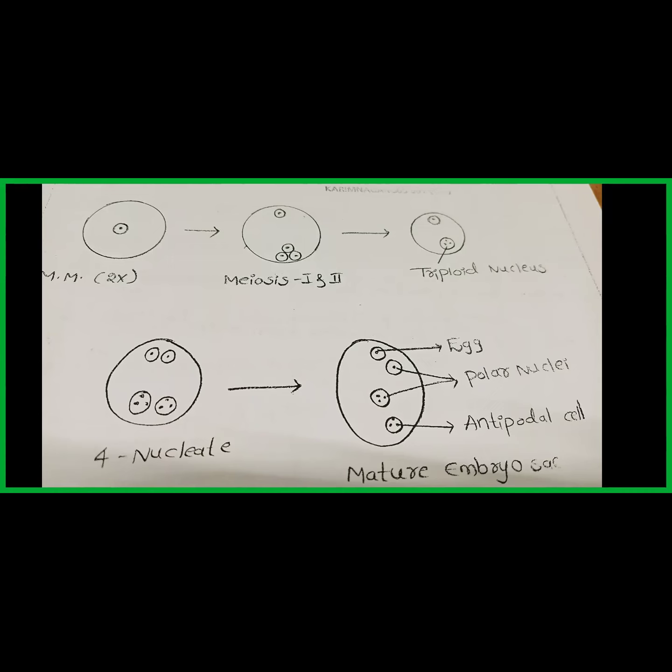In the mature embryo sac, only 4 nuclei are there: one is the egg cell, one haploid and one triploid come to the center, that is the 2 polar nuclei, and one is the antipodal cell.